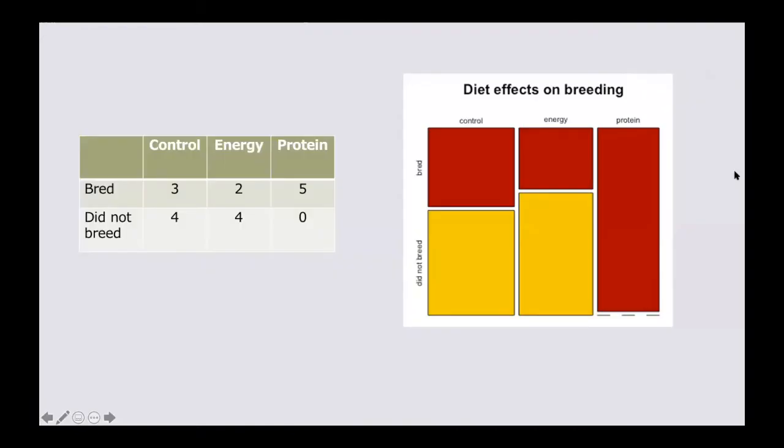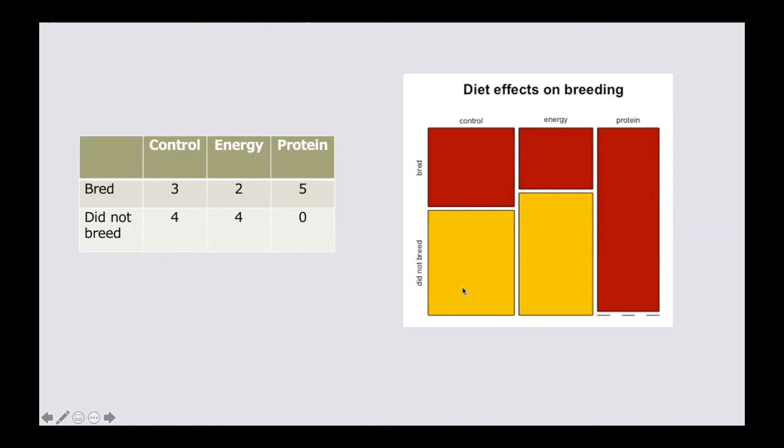So here's what the data looked like. There were 3 females in the control population that bred as young of the year and 4 that did not. 2 in the energy supplemented population that bred and 4 that did not. But in the protein supplemented population, all 5 young of the year females bred. And this is then depicted in this mosaic plot again. In this case, the totals for controls, energy, and protein were relatively similar.